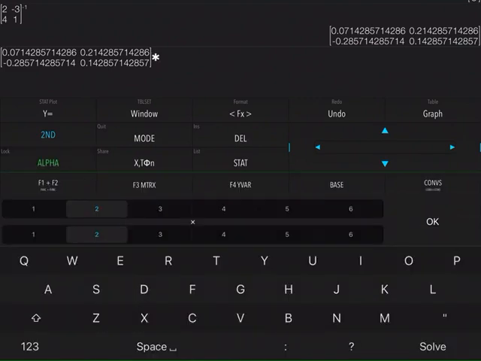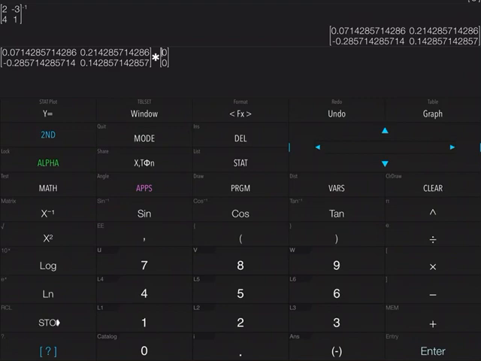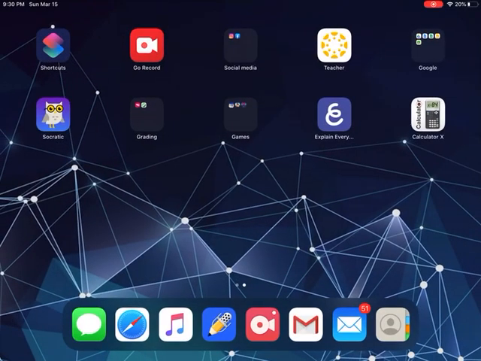I'm going to multiply it by my B matrix. So again, we're going to click alpha matrix. My B matrix is a 2 by 1, so I need to fix that and then press OK. And the matrix is made up of -13 and -5.